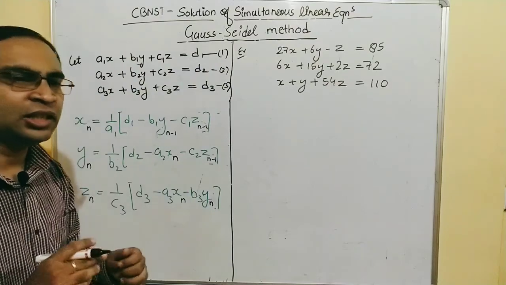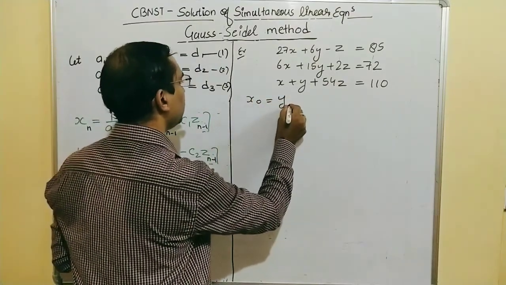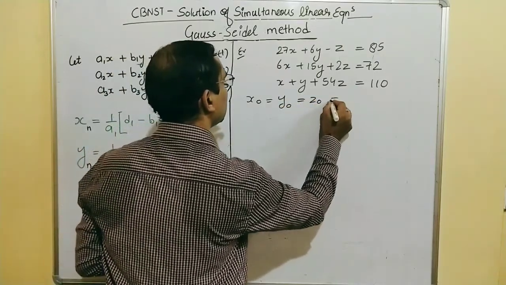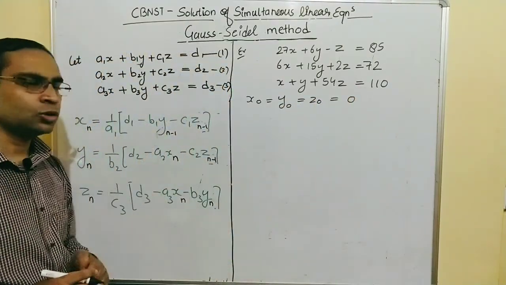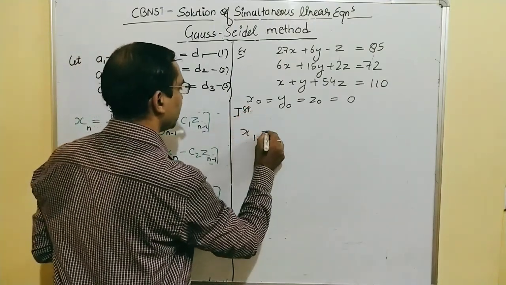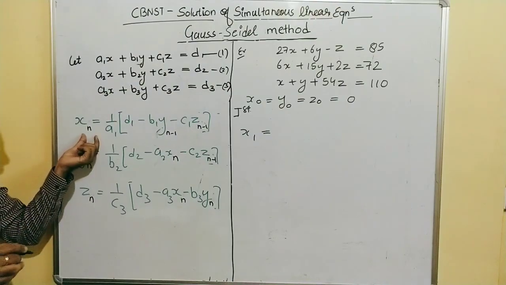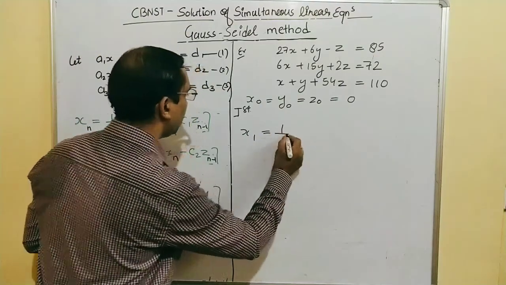Let us assume that the initial values of x, y and z, that is x0, y0 and z0, are equal to 0. So we'll start with our first iteration. In the first iteration, x1 is equal to, now we can see this is the formula, x1 is equal to 1 upon a1.